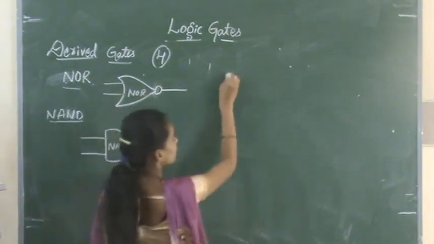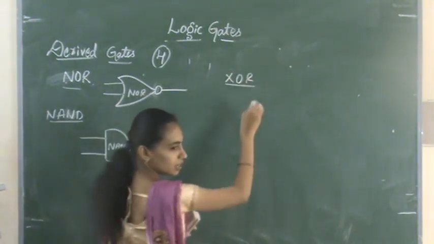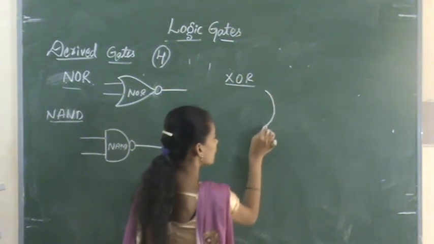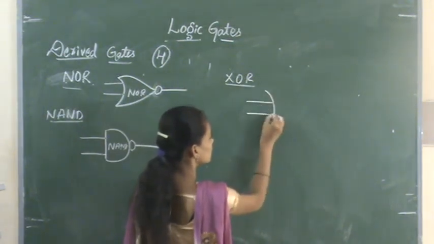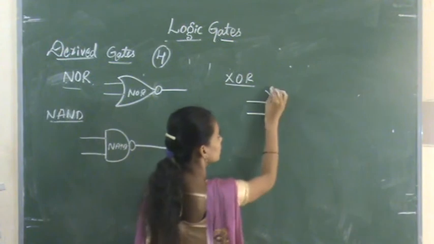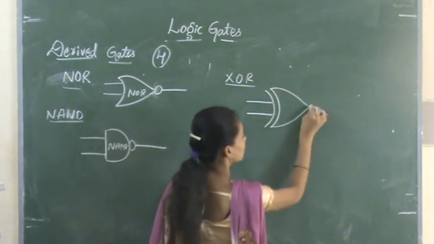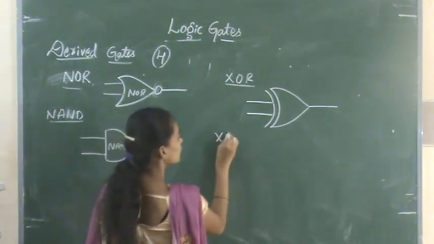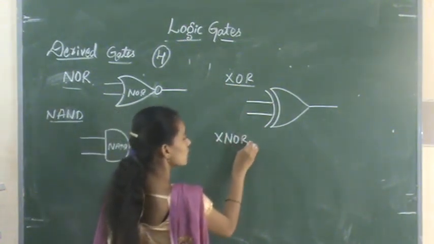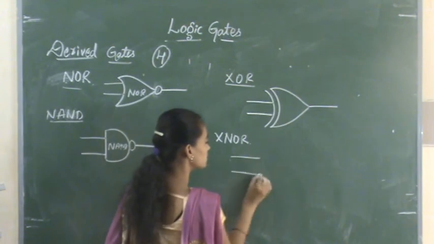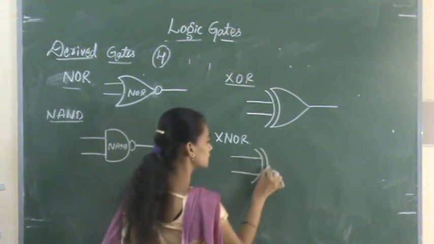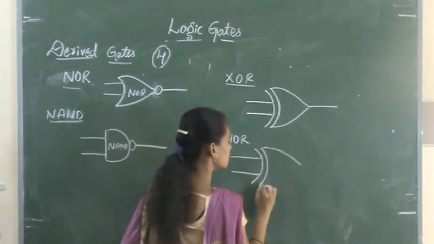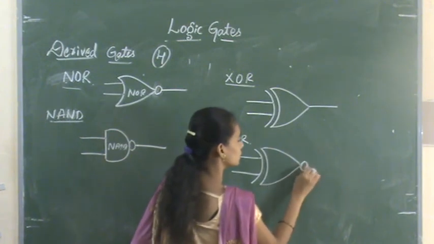Next we studied XOR, right? For this we are adding one curve at the inputs. So this is the symbol for the XOR gate, and then we have XNOR. How to represent this? Just add a bubble to the XOR gate.